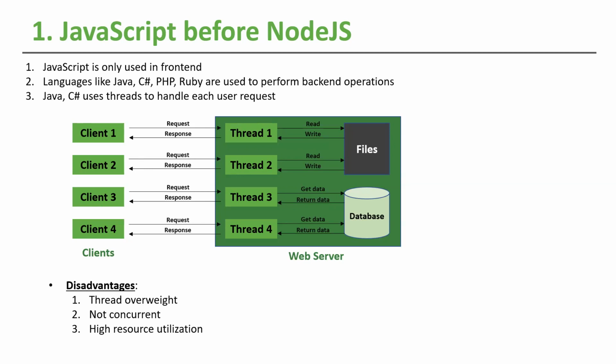And the disadvantage of using Java, C Sharp, or PHP is that if there are multiple users, then there are going to be multiple threads. So the web server should maintain all the threads. That's a big disadvantage, because it needs to keep track of all the threads and which requests they are processing and the client details, everything.